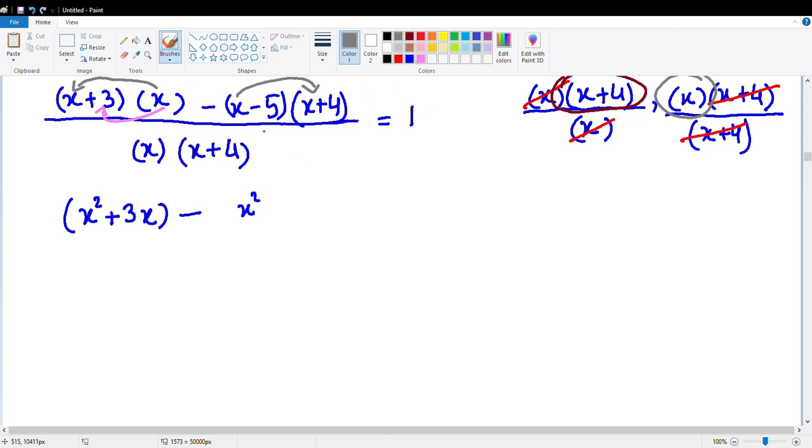Then x multiplies with 4, and we'll get plus 4x. And then minus 5 multiplies with x, so we'll get minus 5x. And then minus 5 multiplies with 4, and we'll get minus 20.